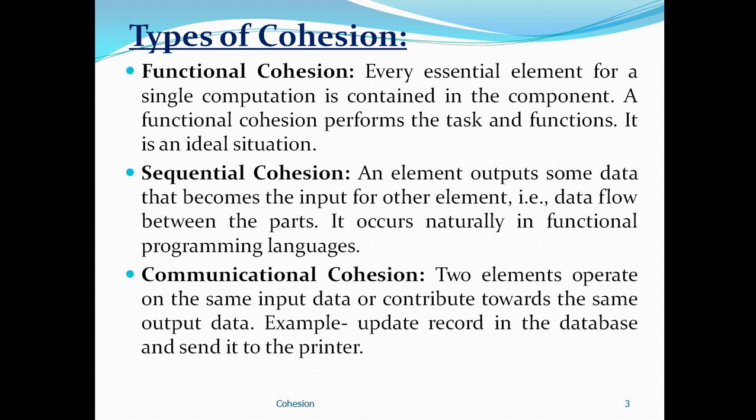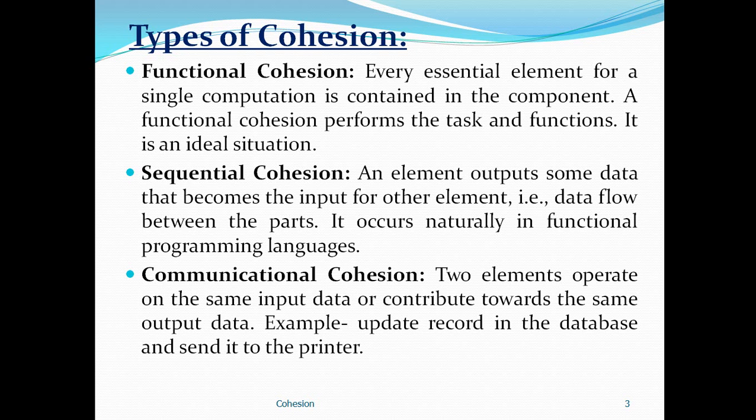Communicational cohesion. Two elements operate on the same input data and contribute towards the same output data. Example: update records in the database and send them to the printer.